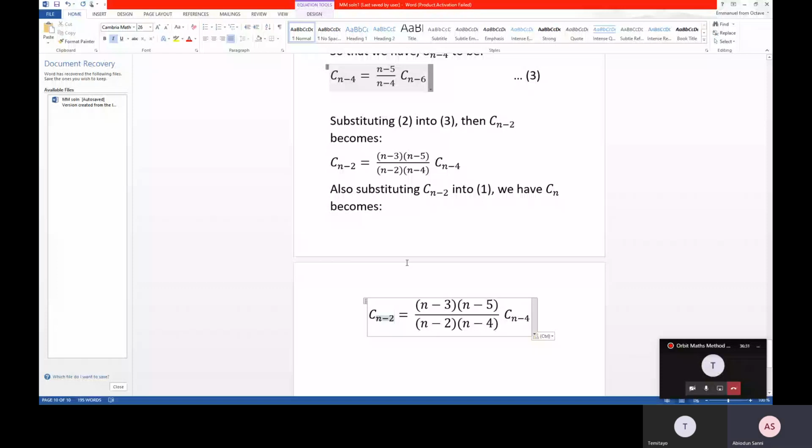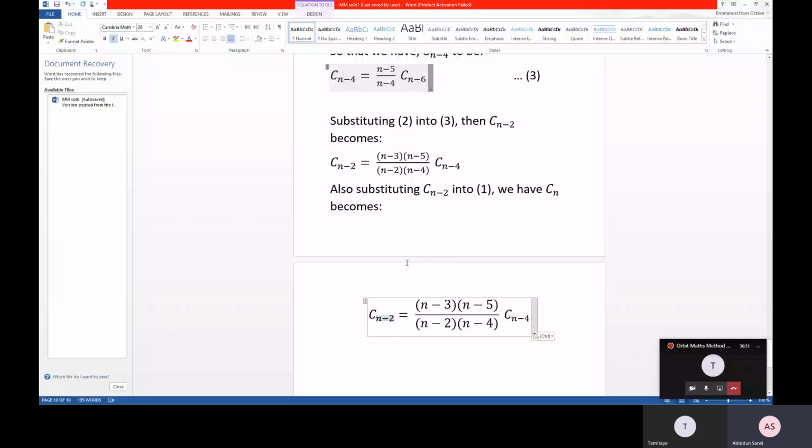Say then Cn can be written as, let's say, then Cn can be written as this, then this is going to continue dot dot dot till I get to Cn minus k, which is C1 in this case.